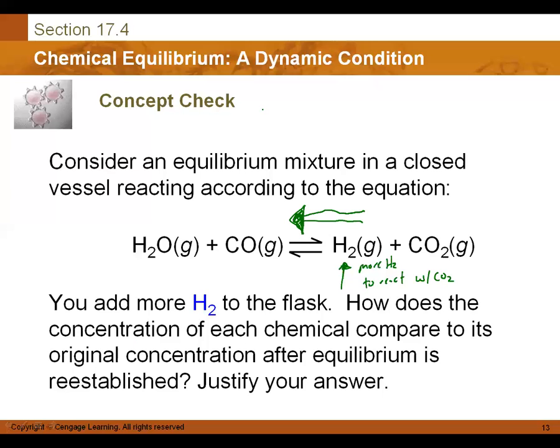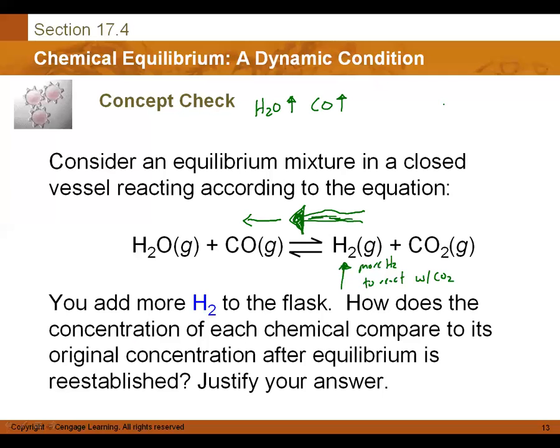Which means if we think about what's going to happen to our H2O concentration, we should expect it to go up because the reaction is heading in that direction. We also should expect our CO concentration to go up as well for the same reason, because we're kicking off this reverse reaction.